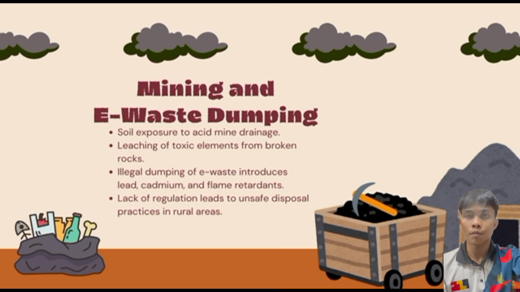Last one is mining and e-waste dumping: soil exposure to acid mine drainage, leaching of toxic elements from broken rocks, illegal dumping of e-waste introduces lead, cadmium and flame retardants, lack of regulation leads to unsafe disposal practices in rural areas.